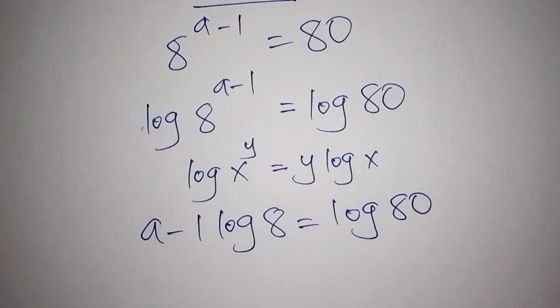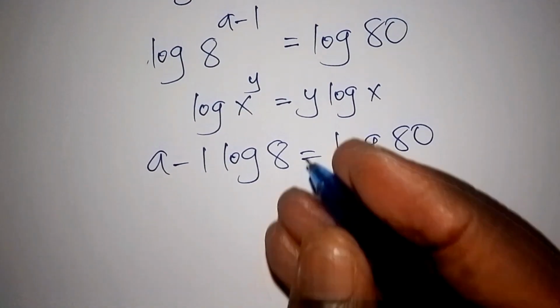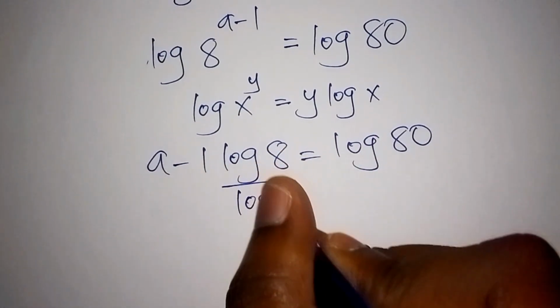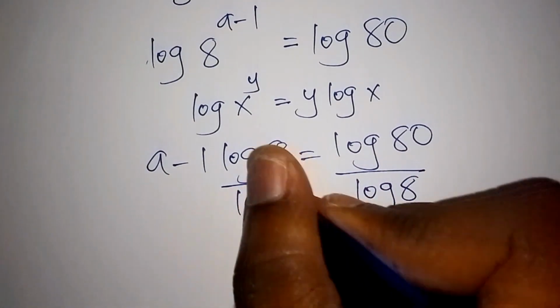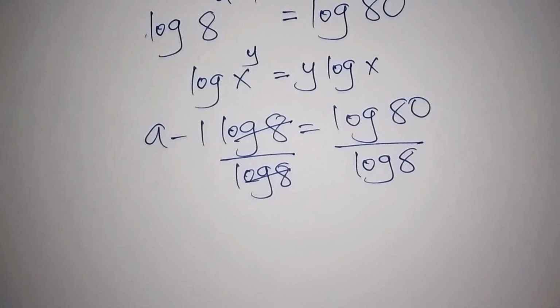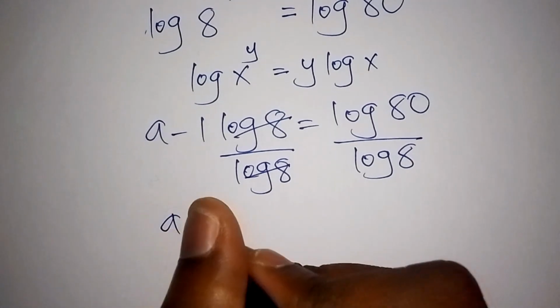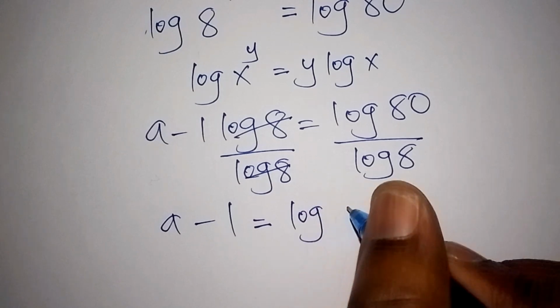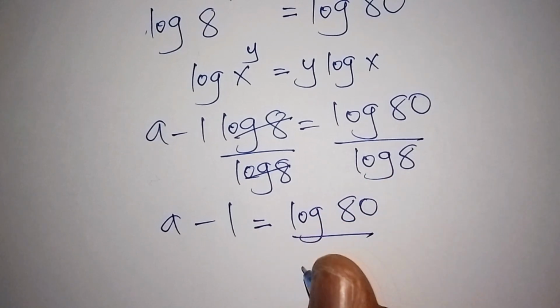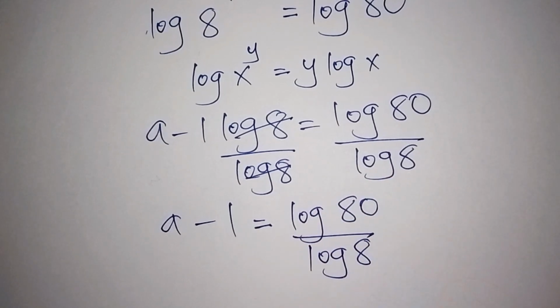From there, we divide both sides by the log of 8. So here we divide by the log of 8, and this side we also divide by the log of 8. So the log of 8 and the log of 8 cancel each other. So now a minus 1 is equal to the log of 80 all over the log of 8.